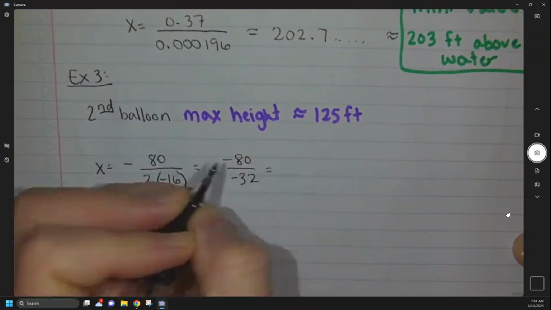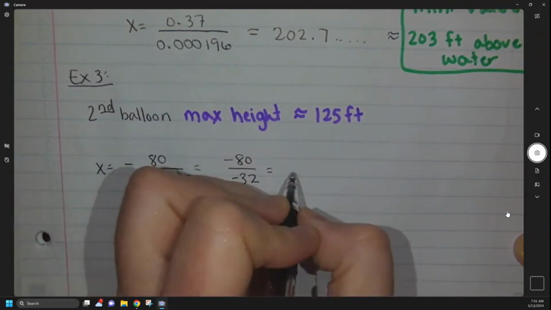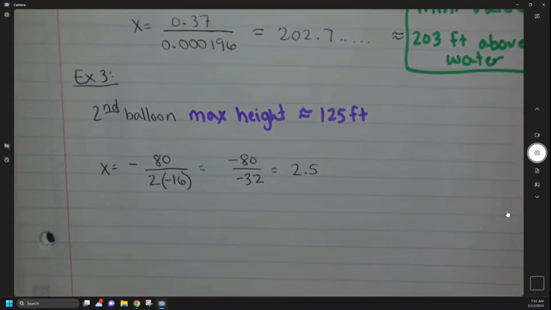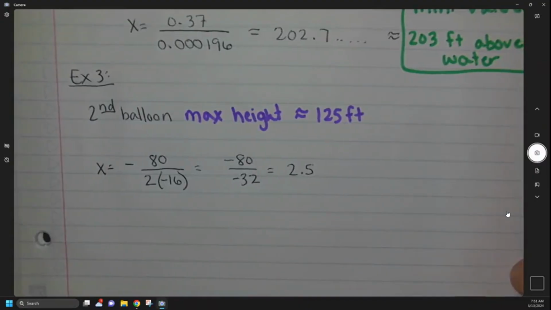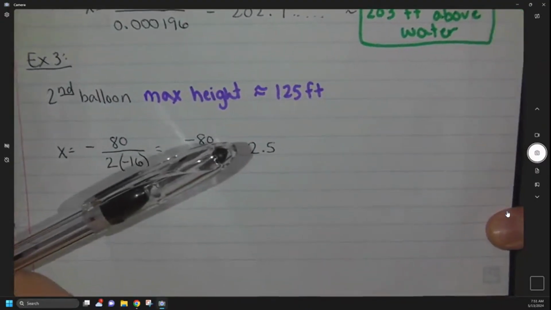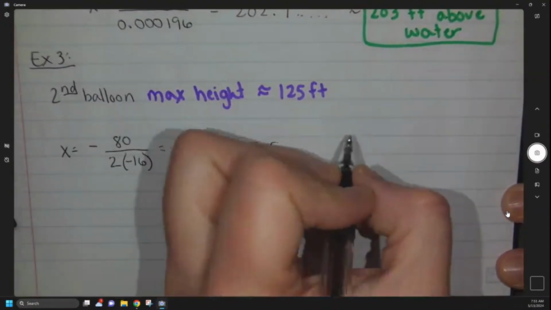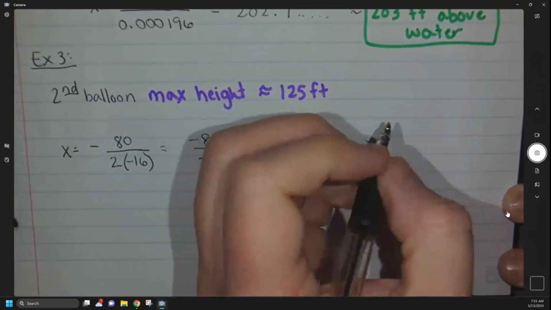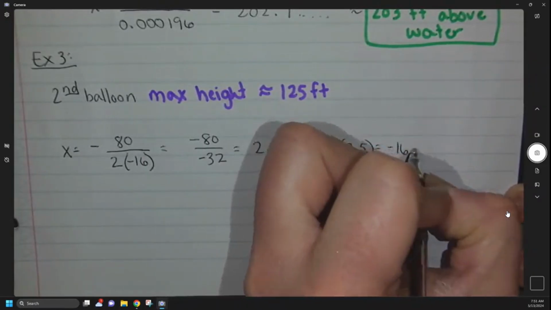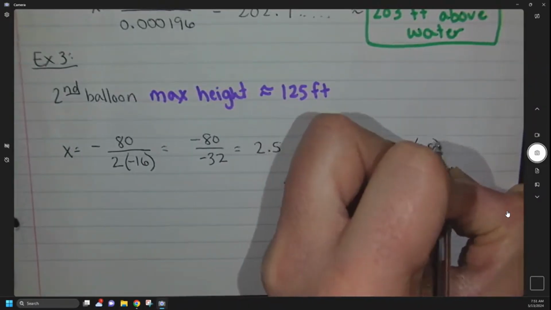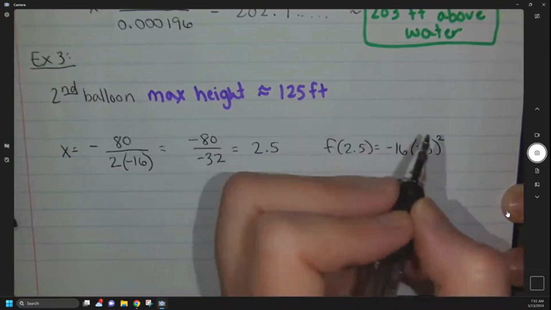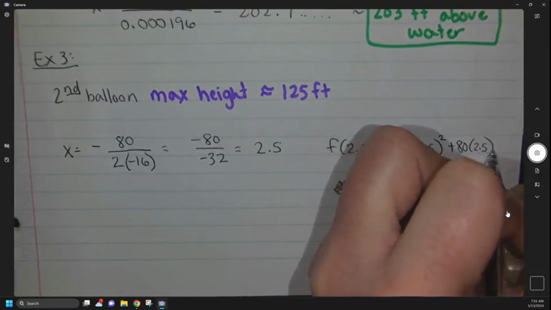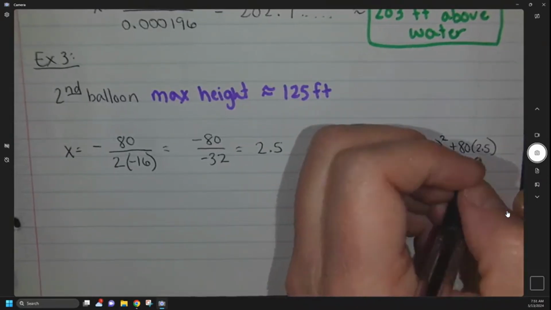And if I simplify that, negative 80 divided by negative 32 is positive 2.5. So I'm going to take that 2.5 and I'm going to plug it into our function. So we've got f of 2.5 equals negative 16 times 2.5 squared plus 80 times 2.5 plus 5.